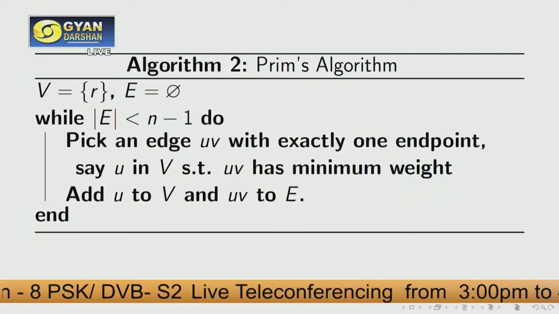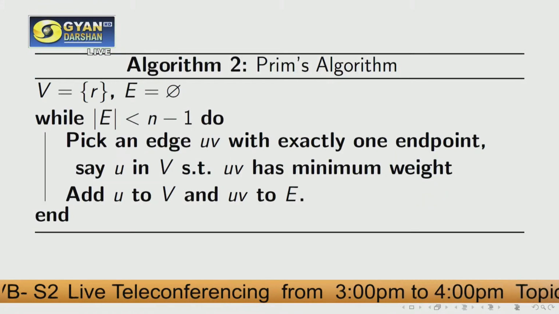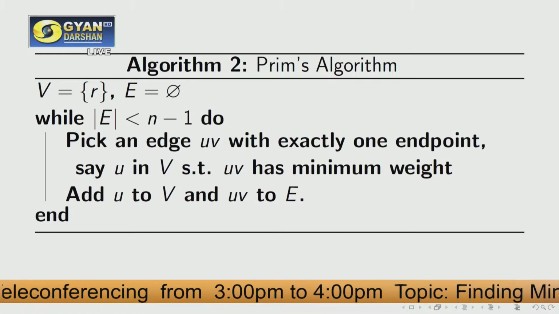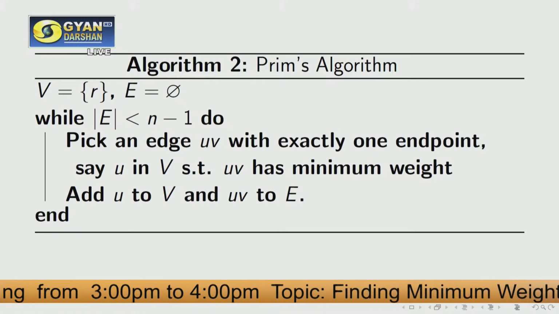So the tree obtained at the k plus 1th step also has minimum possible weight. Second, the tree obtained is a spanning tree, because there is no cycle in it, right? So we have just proved that Prim's algorithm works correctly. And now let's look at an example.